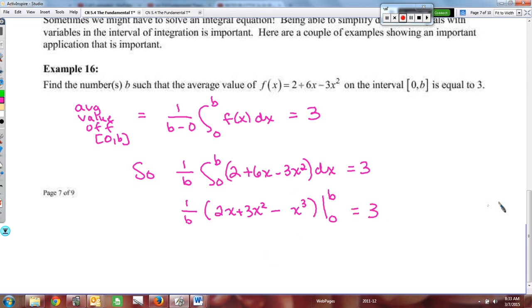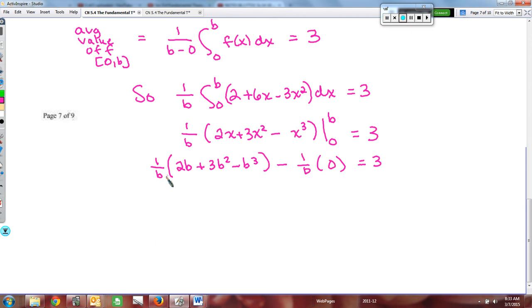I now calculate that, so we have 1 over b times plug in b, 2b plus 3b squared minus b cubed, minus 1 over b times 0, because you're going to plug in 0, and this is equal to 3. Hopefully you can see that all we're doing is just simplifying and solving at this point.